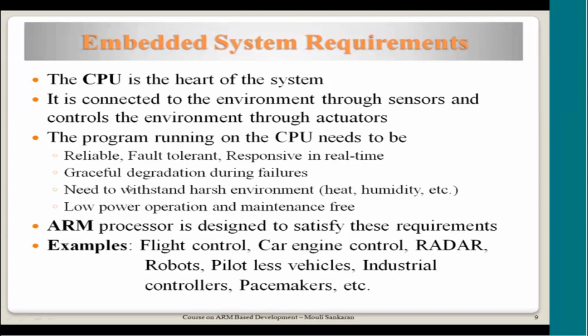Whenever you see an embedded system, even if it fails, there should be a graceful degradation. Even if the access card system of the office has failed, it should fail in such a way that, if it is a locker room with very confidential documents, it keeps the door locked. Or if it is an office, and there is an emergency, people should be able to come out. So you should make sure that the door is kept in the open state during the failure.